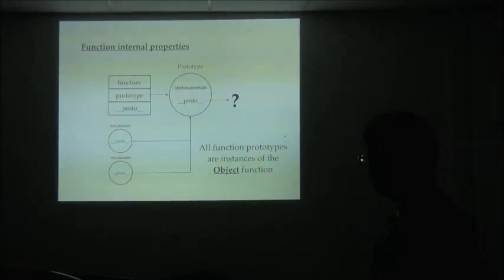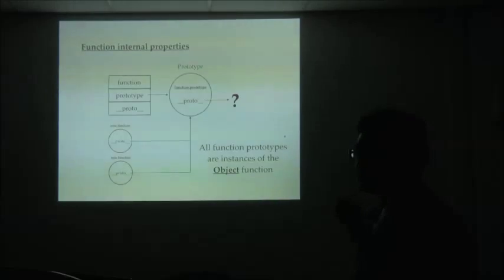So then the question comes to mind, where does the proto property of the prototype object point to? Would you like to take a guess where it points to? The proto property of that object? Anyone?